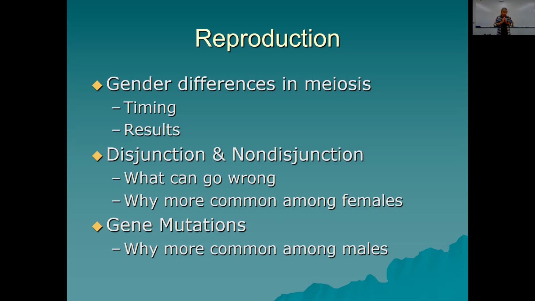It is a haploid cell with replicated chromosomes. It is arrested in metaphase 2, and it lasts about 48 hours. If it's not fertilized in 48 hours, it will disintegrate and never even finish meiosis.